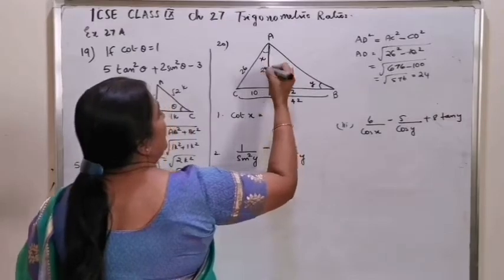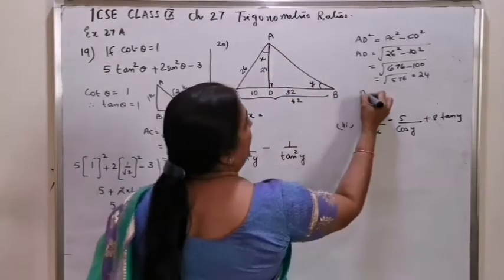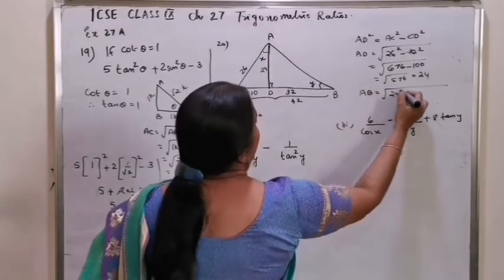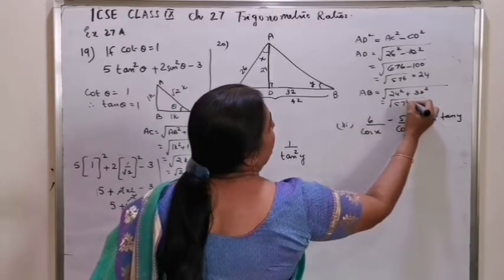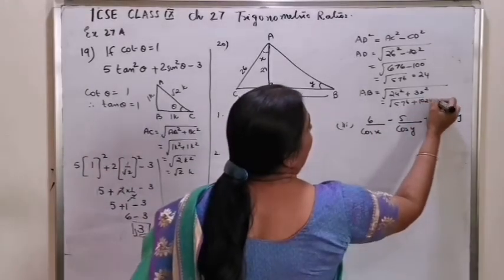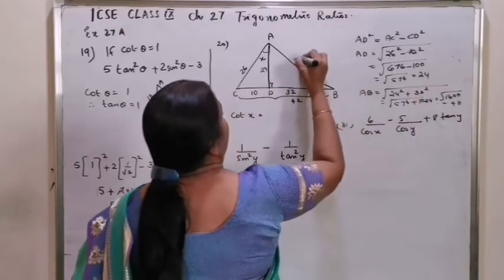So this length is 24. And now you have to find out the length of AB. AB is the square root of 24 square plus 32 square, which is square root of 576 plus 1024, square root of 1600, it's giving you 40.